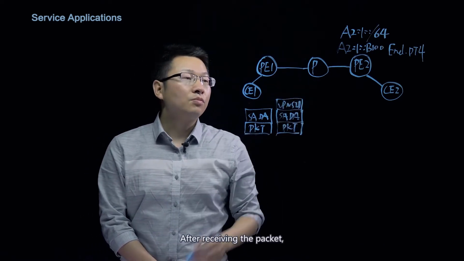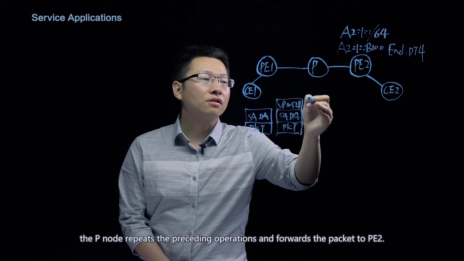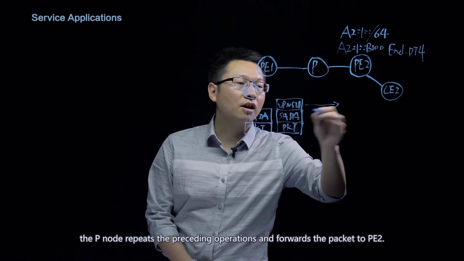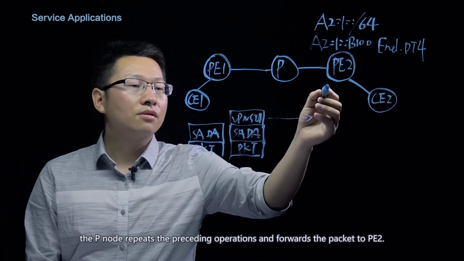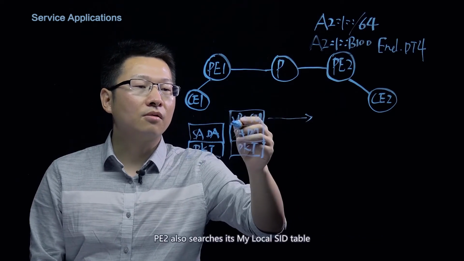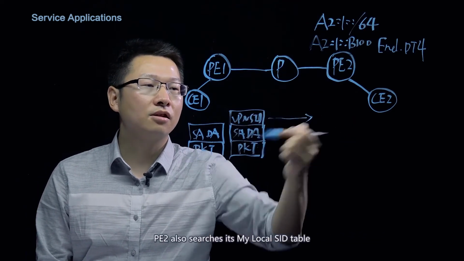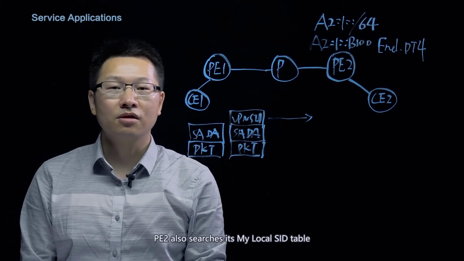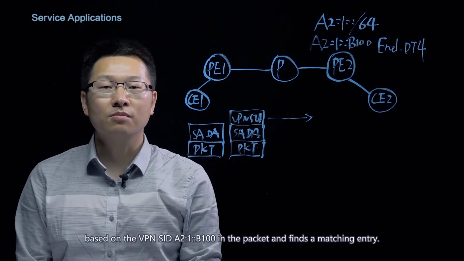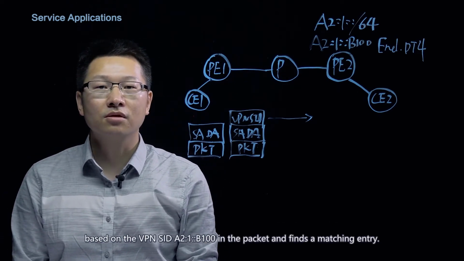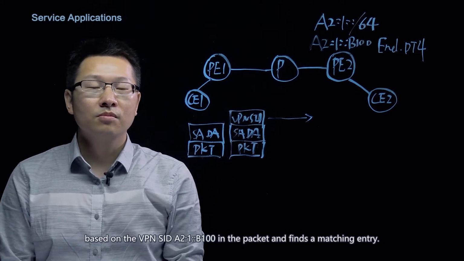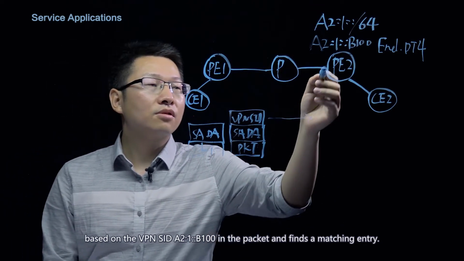After receiving the packet, the P node repeats the preceding operations and forwards the packet to PE2. PE2 also searches its My Local SID table based on the VPN SID A2:1::B100 in the packet and finds a matching entry.